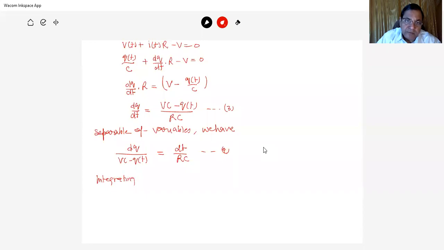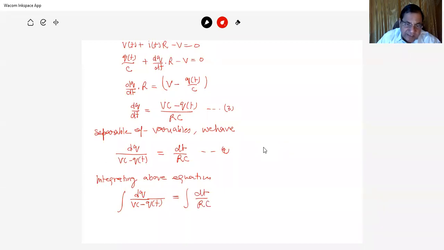Integrating the above equation, that is dq by (V minus q/C) is equal to dt over R.